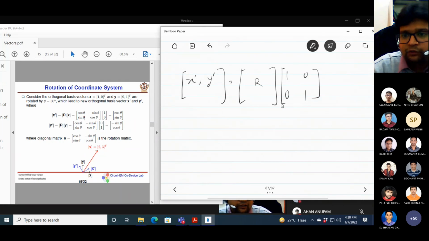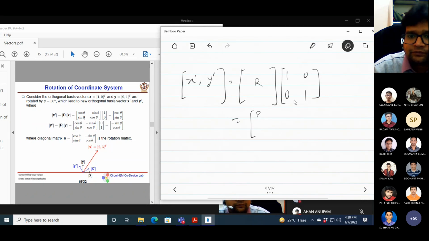So it is basically the identity matrix. If you multiply the identity matrix with any matrix, you get the same matrix. So x prime and y prime together are nothing but the rotation matrix. That rotation matrix is cos theta and sin theta, and here minus sin theta and cos theta.